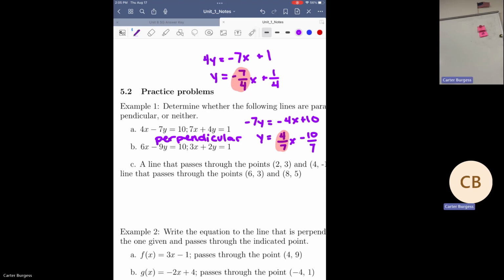So try to get this into that y equals mx plus b form so that we can look at how those slopes compare with one another. Basically, you're solving this for y, and then you're solving this for y. For C, you're going to want to still compare the slopes. So you're looking at how can I write the slopes. Yeah.